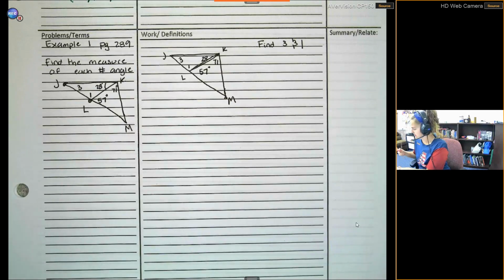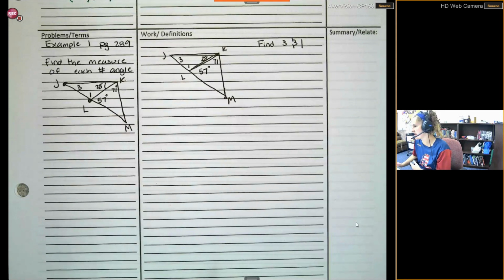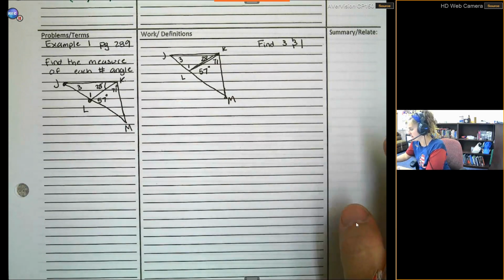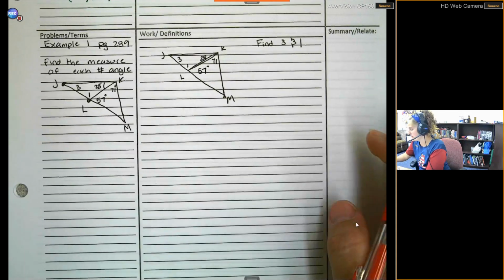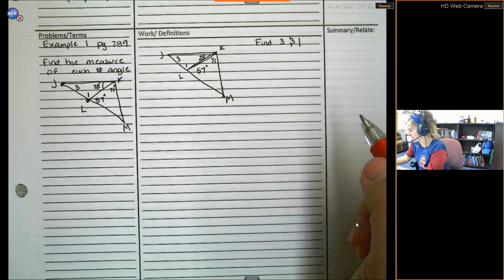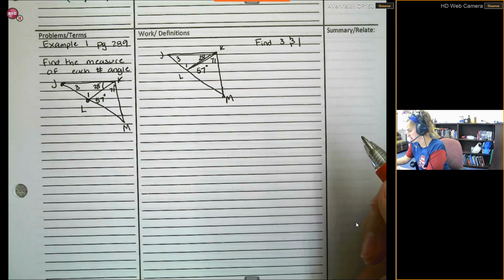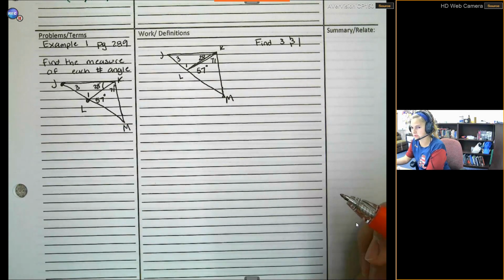Okay, and I'm going to switch to red so that we can do our work. Okay, it says that we're trying to apply the triangle sum theorem. So the triangle sum theorem is that one that told us that the triangle interior angles add up to 180 degrees. So that being said, if we know that all of our angles add up to 180, we also know that the angles on a straight line have to add up to what? 180.